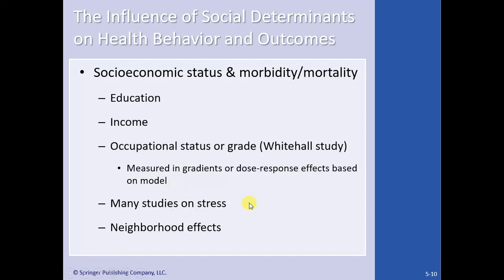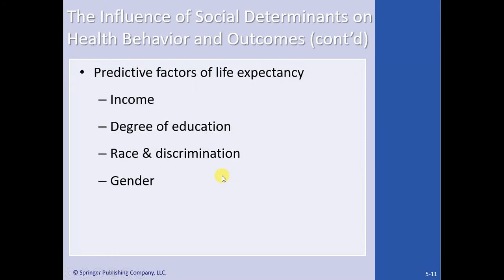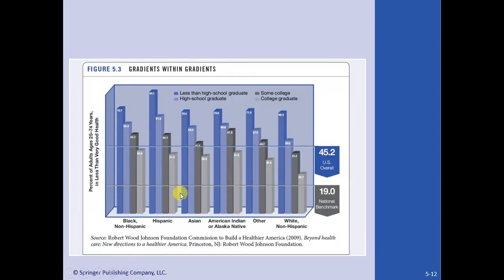We look at the impact of stress and neighborhood effects, as was described in the podcast for Chapter 5. There are predictive factors of life expectancy that should not be predictive. What kind of a world do we live in where your income or your education determines how long you live, where your race determines how long you live, your gender?